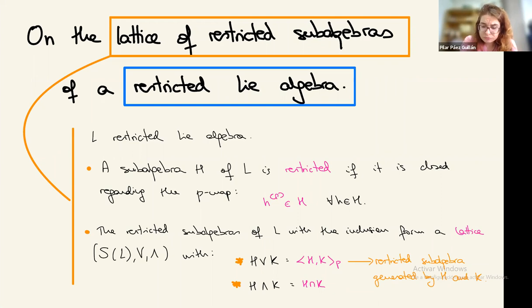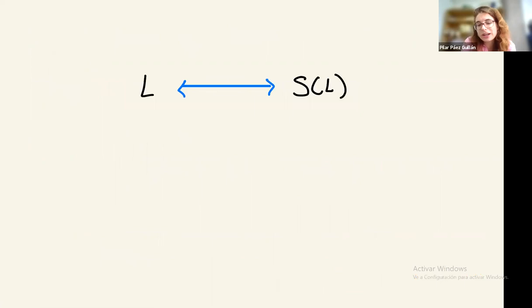Once we know what the elements of this talk are, what we are willing to do is to try to relate in some form the properties of the restricted Lie algebra L with those of the lattice of restricted subalgebras. I forgot in the last slide, I'm going to denote this lattice by S of L, restricted subalgebras.